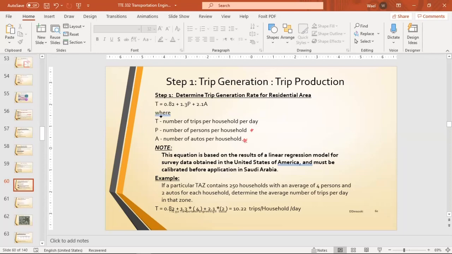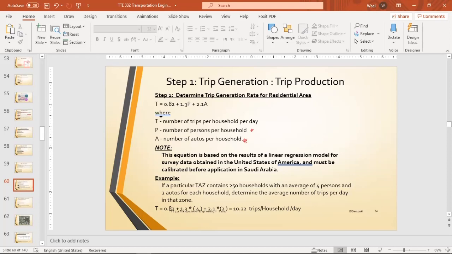تمام. دي طريقة. The disadvantage of this model, first of all, this equation is based on US data. Okay. So that's number one.